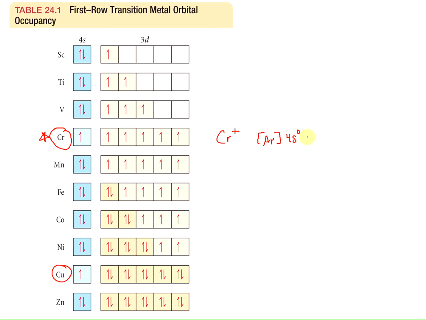And if we did chromium 2 plus, it would be argon still 4s0 3d4. So remember, take the electrons from the s first, and then you remove them from the d. And with chromium and copper, chromium gets extra stabilization by having everything half full, rather than pairing up 2 electrons and having the 1 vacant here.